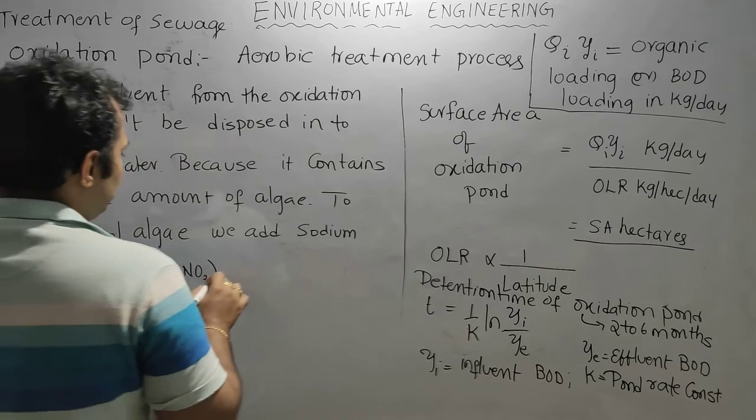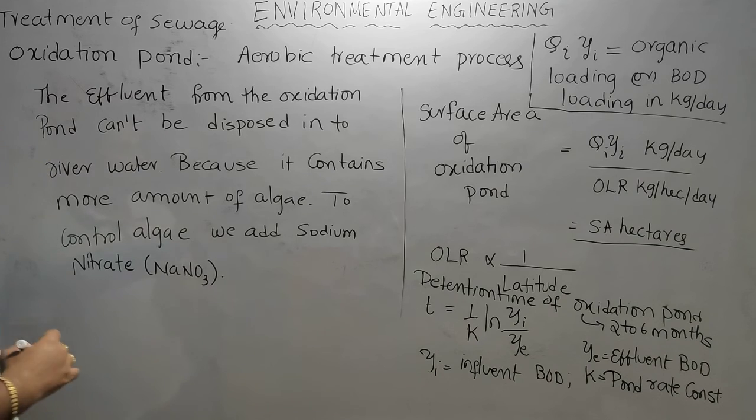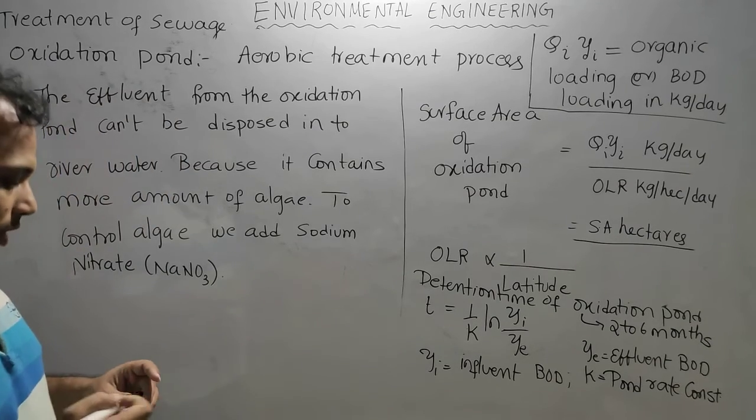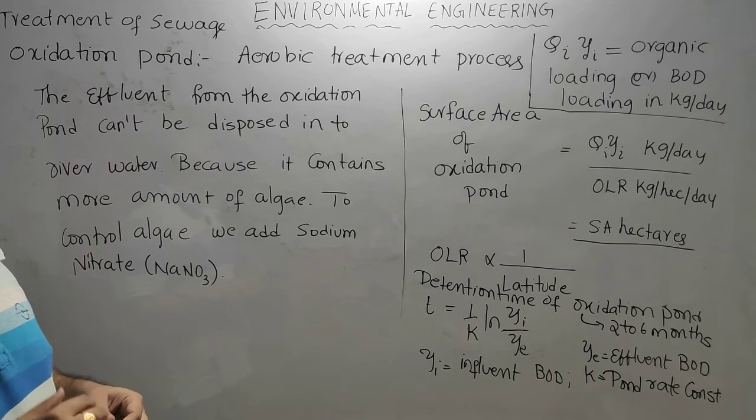Very important: to promote algae growth, copper sulfate is needed; to control algae growth, sodium nitrate is needed. So we add sodium nitrate, we control the algae, and then we send that effluent to the desired locations where it is permissible. So this is all about the oxidation pond.